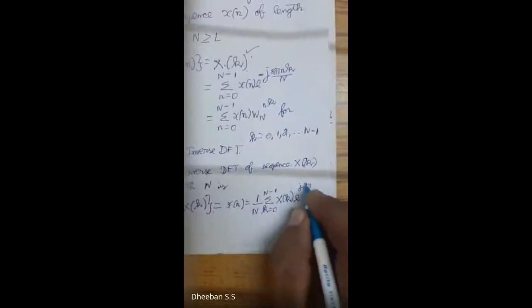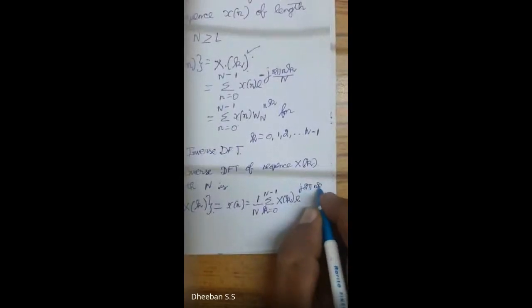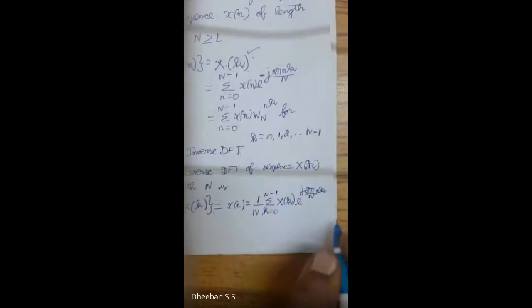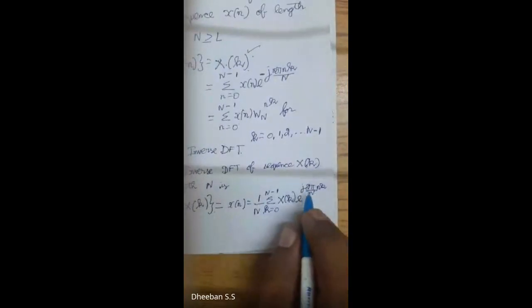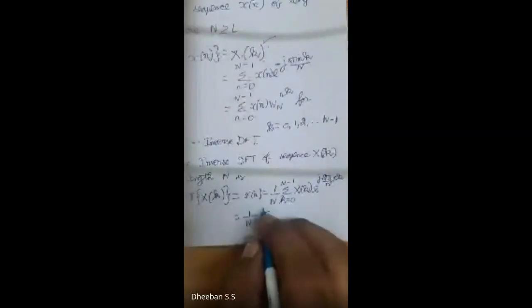This x of k value will be substituted here, and we put e power j 2 pi n k by capital N. Now you substitute with respect to your W N, and you will get 1 by N summation k equal to 0 to N minus 1 x of k W N power minus n k.